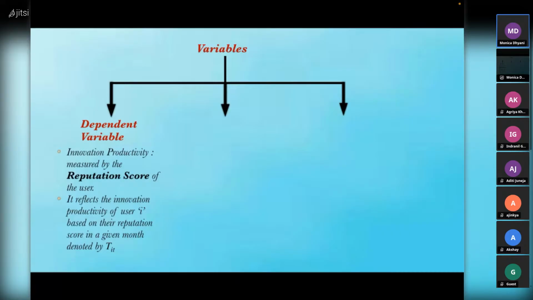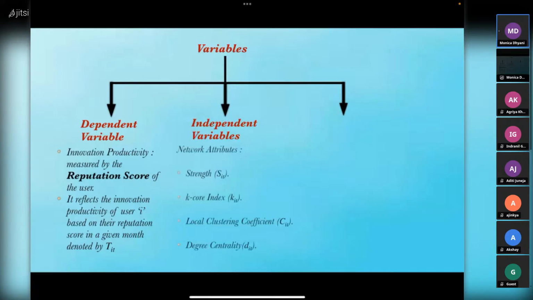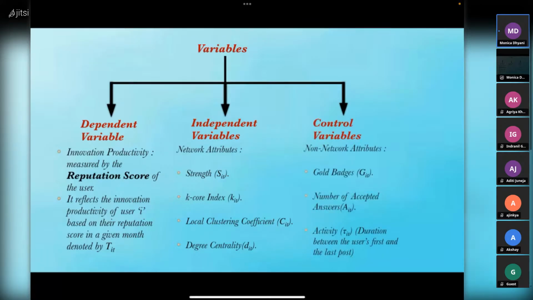Time is per month. Independent variables are strength, K-core, local clustering, degree centrality, that we already have discussed. And control variables are non-network attributes, or we can call them user attributes: gold badges, number of accepted answers. Activity is the duration between a user's first and last post.